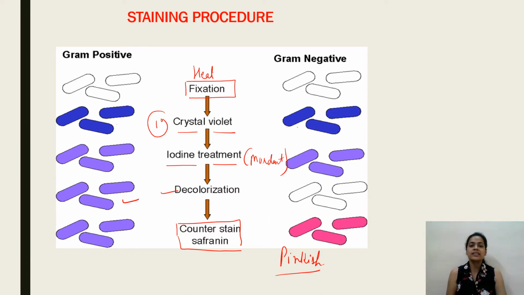All these dyes we have to mostly keep on for 1 minute. That will give us a better result. But for the decolorization step, we have to keep the alcohol only for 5 to 10 seconds. We'll talk about why we have to keep the alcohol for only this short duration. So this is the general procedure.